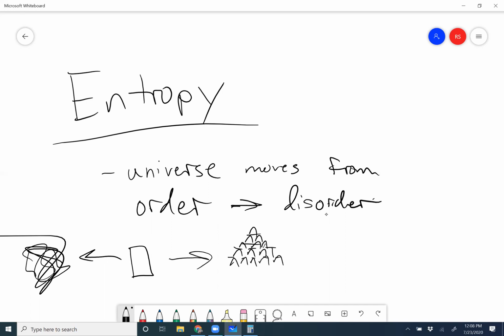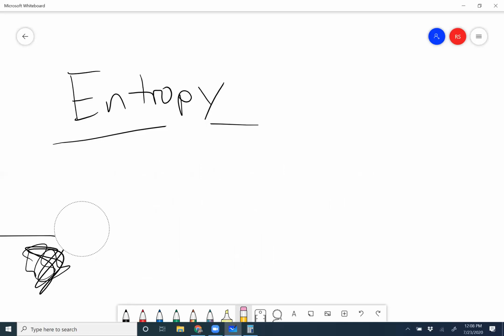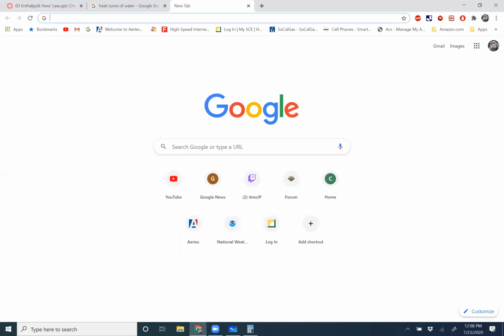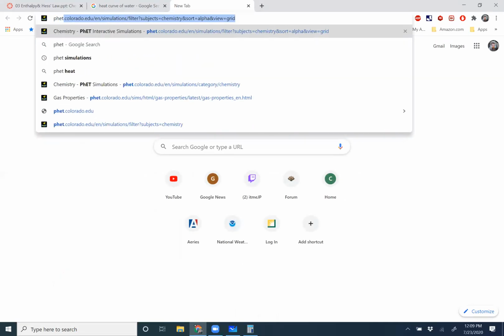You had a star, and the star is going to go nova. And then that nova is just going to spread the matter all over the place. So we had high order, then we had disorder, and then we get continued more disorder. You guys can see entropy in action when you look at diffusion in a gas.